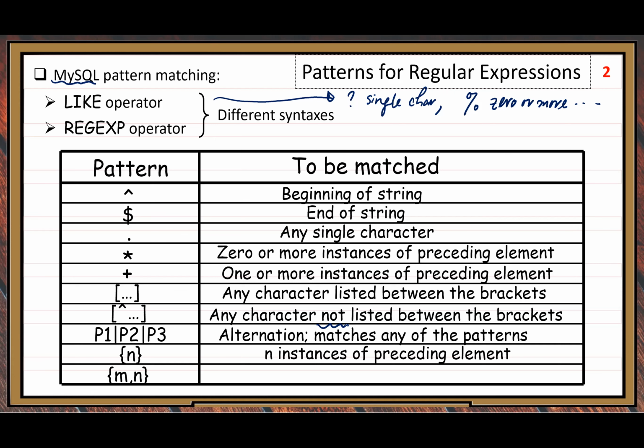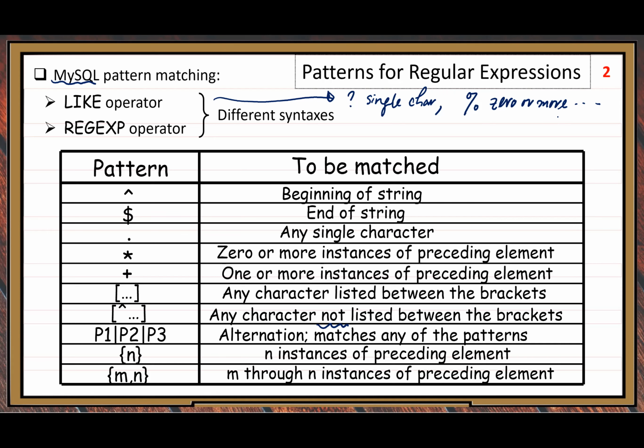Curly braces around m comma n, two integers this time. What's the meaning? M through n instances. We give a range: the minimum repeated number starts from m, and the maximum repeated number is n.